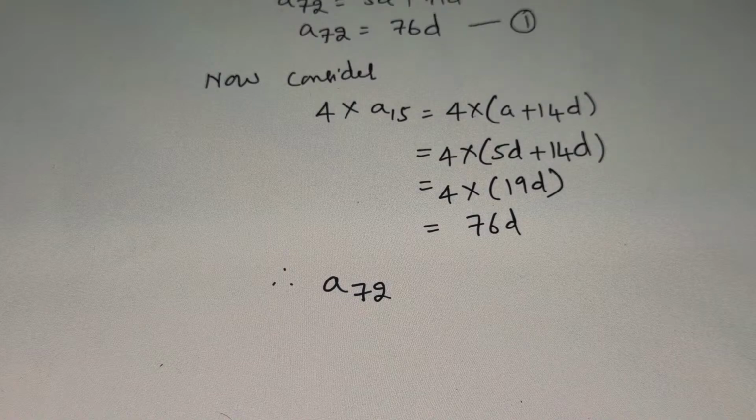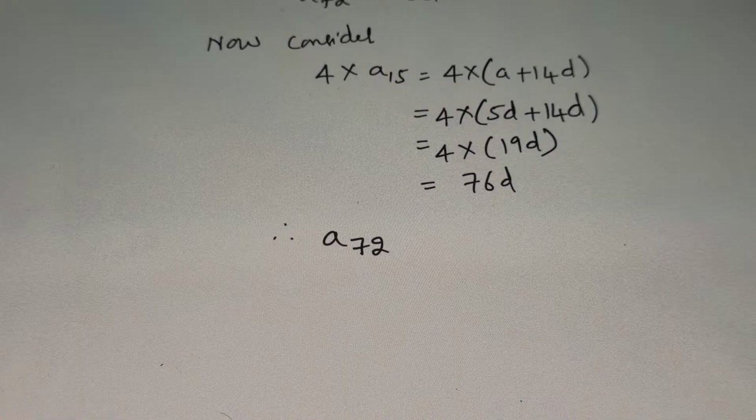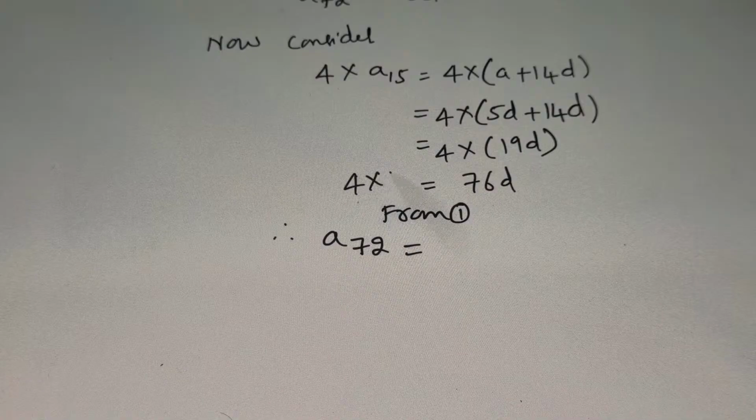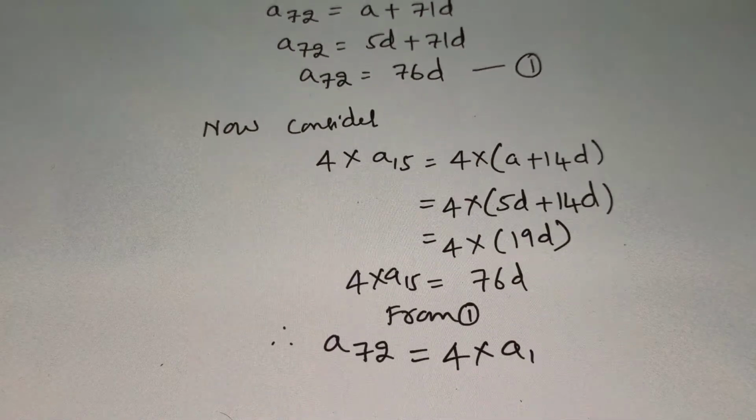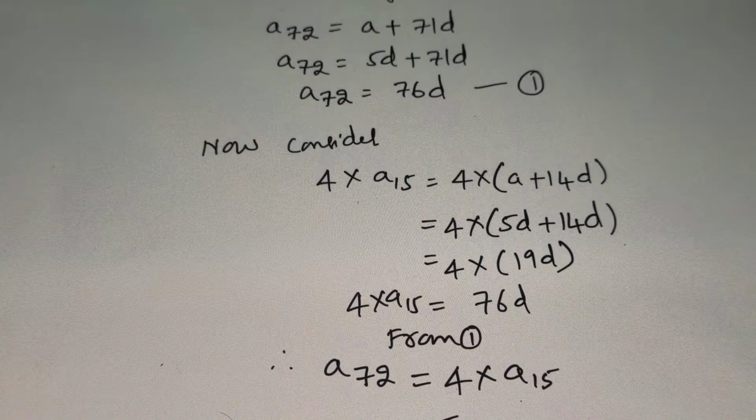let us mark it as equation 1. So from equation 1, we have A72 equals 76D, and 4 into A15 equals 76D. So A72 is equal to 4 into A15.